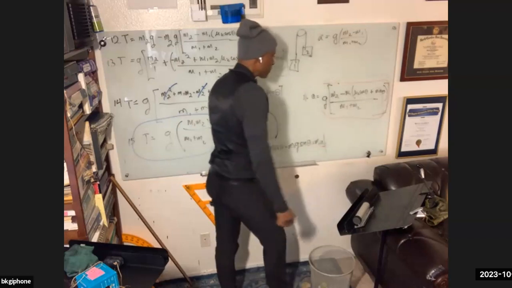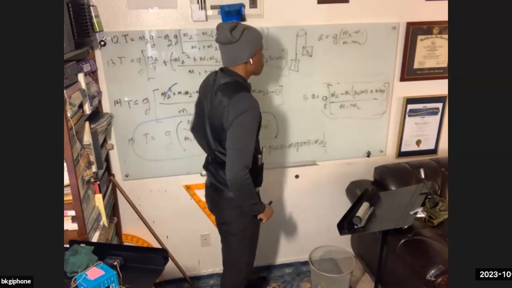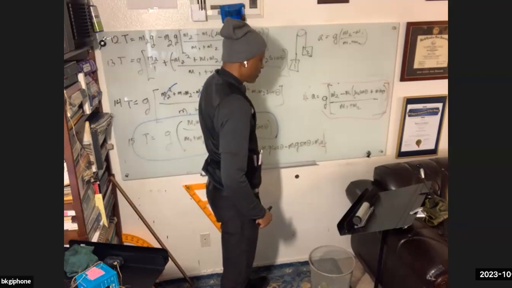And wait, what? What am I doing? What am I saying? Well, I guess it's how I define that angle, because one has got to be positive, one has got to be negative of the other.